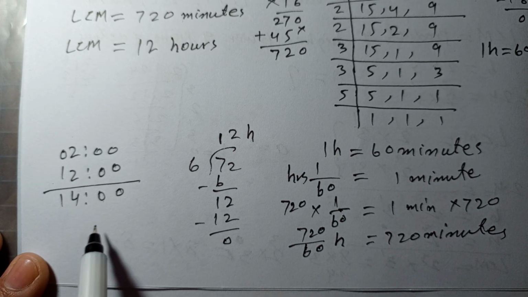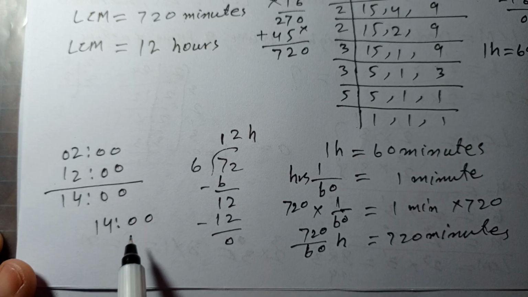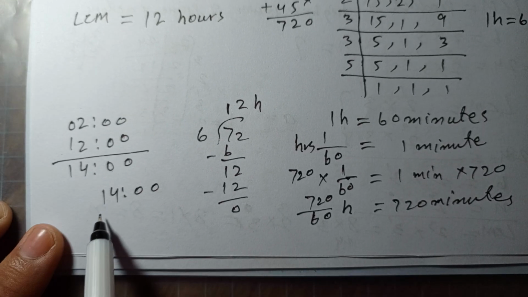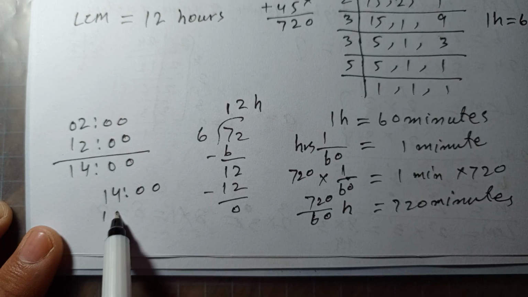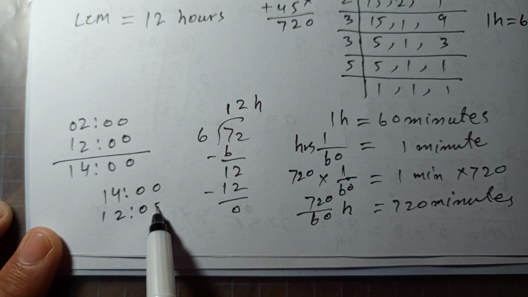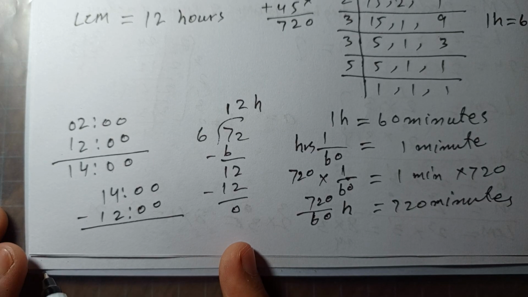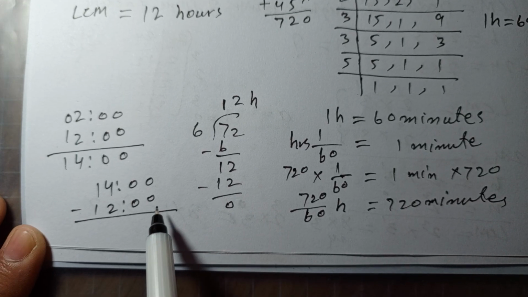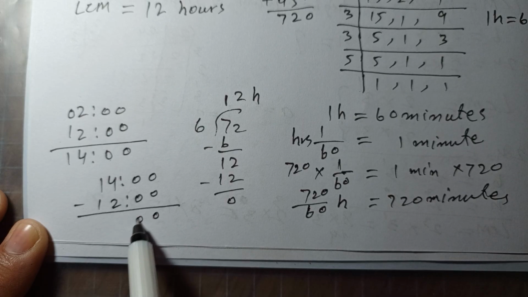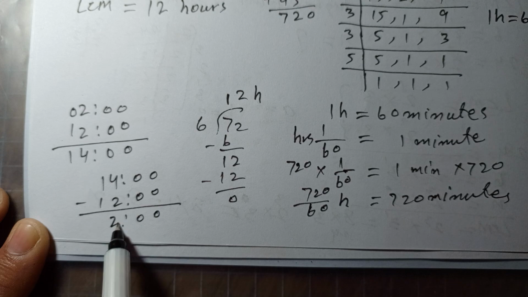So you will subtract 12 from 1400. It means you will subtract one half day from here. So you will get here 0 0 and 2 here.